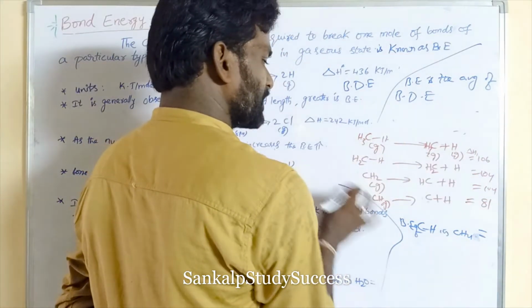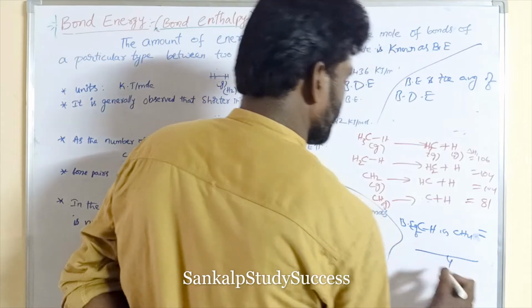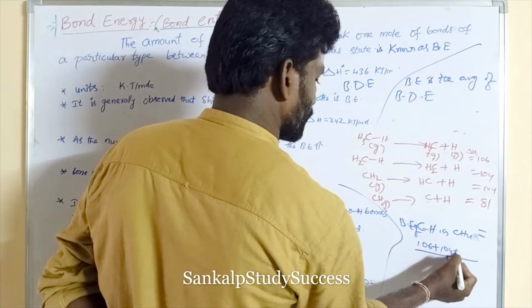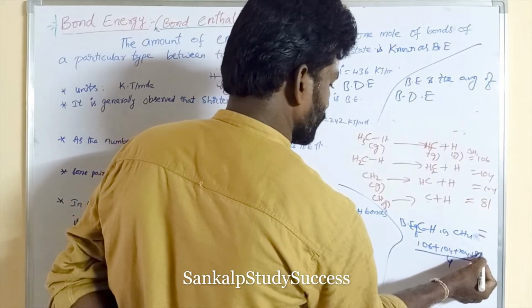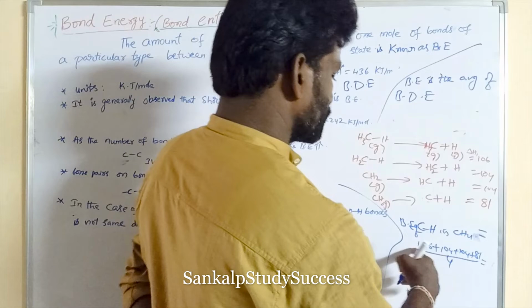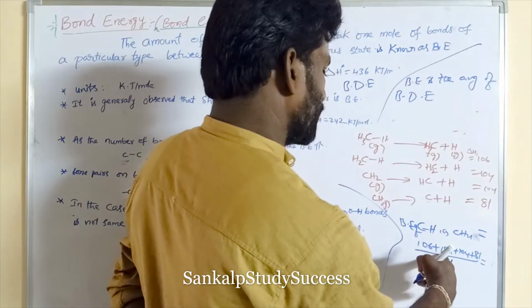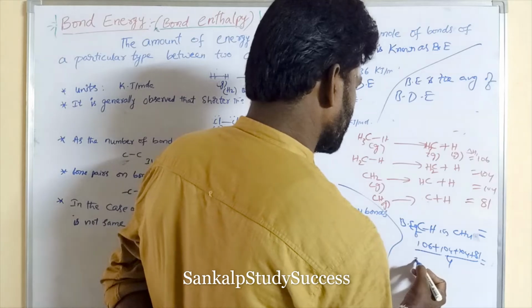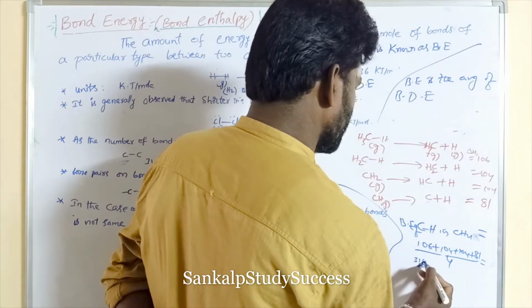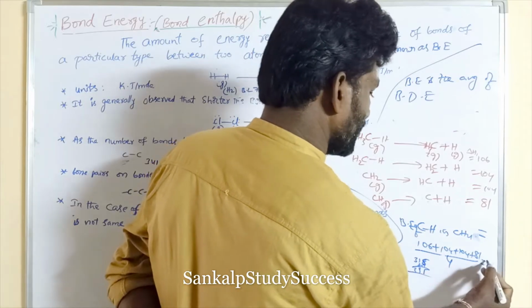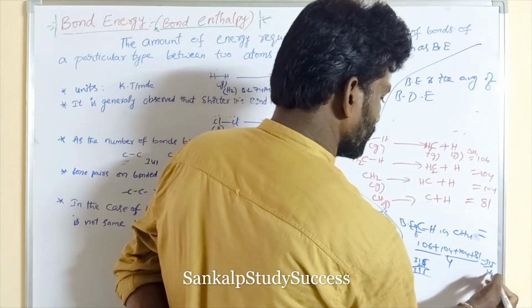Average means divided by 4: 106 plus 104 plus 104 plus 81, which is 395, by 4.